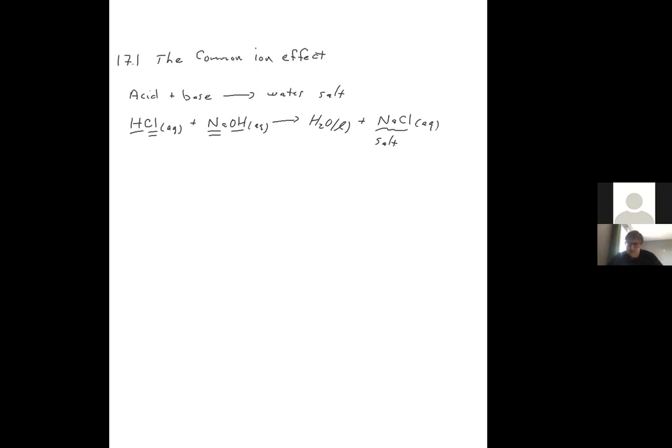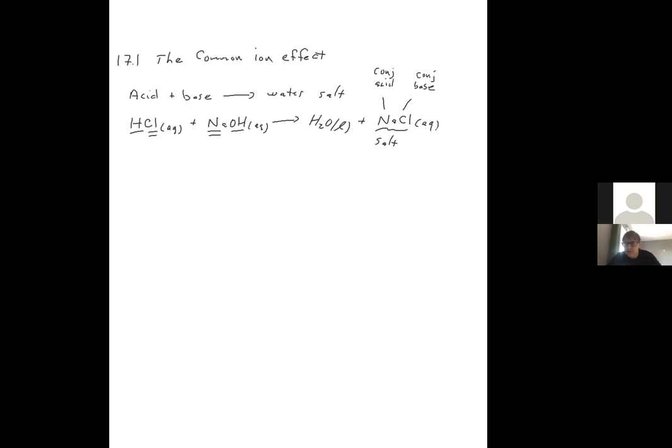In this case, sodium chloride is neutral because the two conjugates, remember, this is the conjugate acid, and this is the conjugate base. Each of them comes from a strong base and a strong acid. The sodium comes from a strong base. The chloride comes from a strong acid.